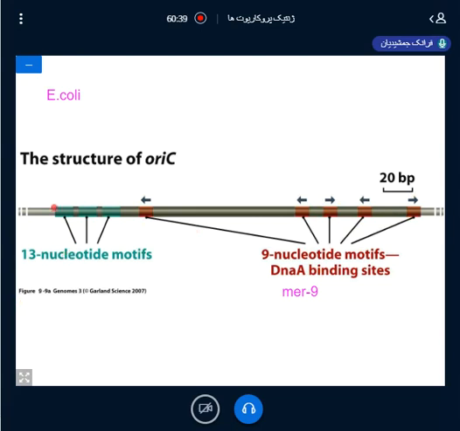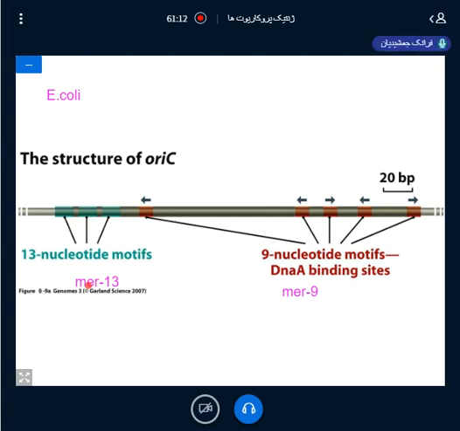And we have 3 domains which are 13 nucleotides. We call it 13-mer. It means 13 nucleotides. So in the structure of origin of E. coli, or ORC, we have 5 9-mer domains and 3 13-mer domains.